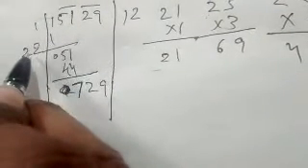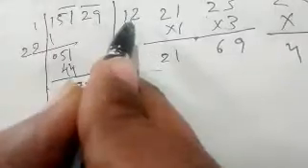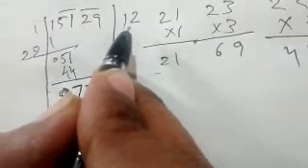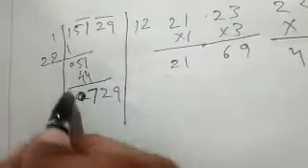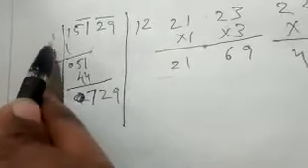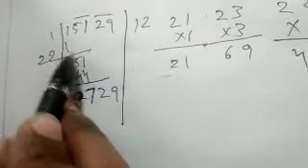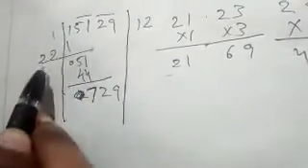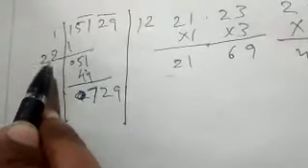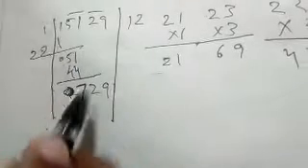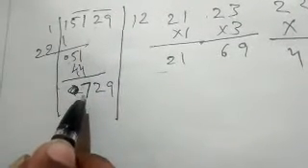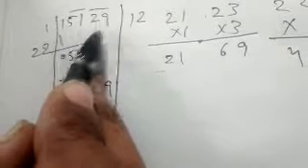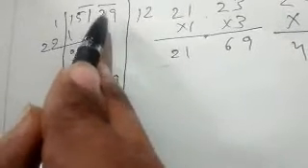Now we will see what is the previous number. Okay. See, now 1 into 1 is going to be 1, and we got the 0 and 51. So we took 1 plus 1 and got 2. So we have taken 22 into 2. So 44, and we got the remainder as 7. Now we bring down 29.